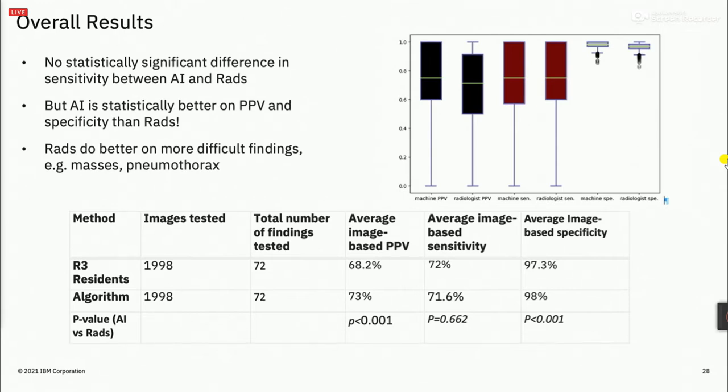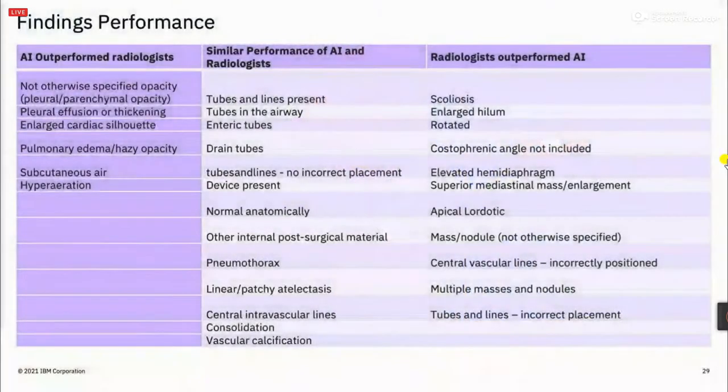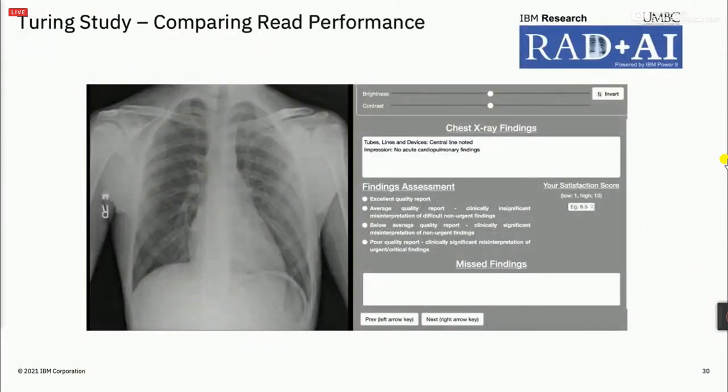So this was actually encouraging, that we can find machines that are capable of achieving this performance. You can see some of the performances of which ones radiologists are good at and which ones machines are good at. Okay, so now come to the last part of it, which is building a Turing test for radiology AI. How do we do that?